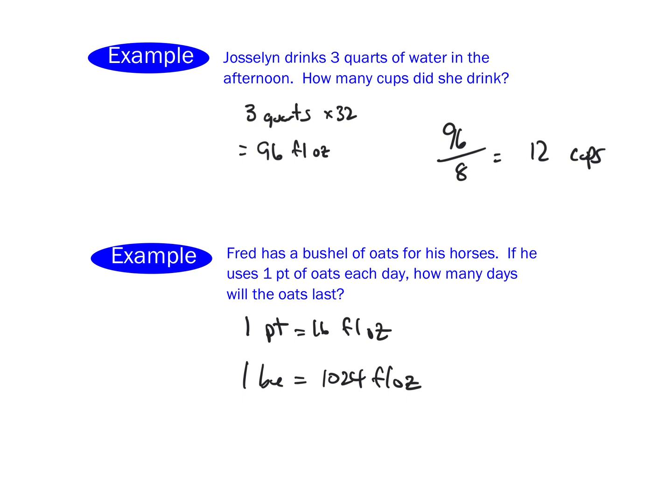So what we're going to do with those numbers is take 1,024 and divide it by 16, and when we do that, we get 64. So given that a pint of oats is the daily amount, therefore we must be able to get 64 days of oats for the horses.